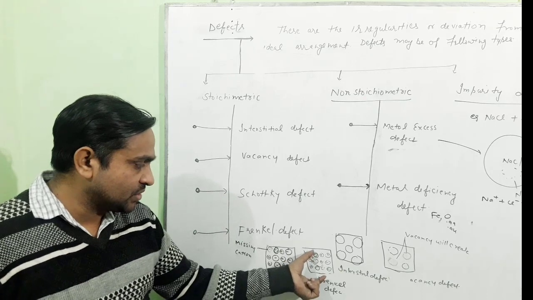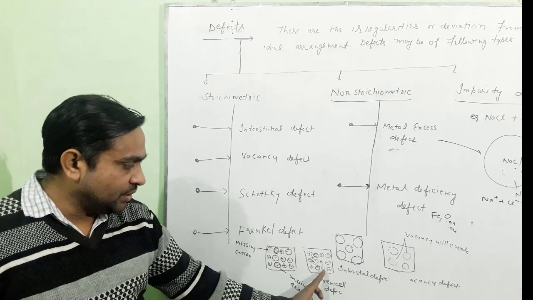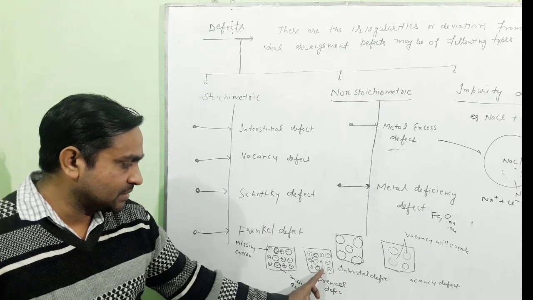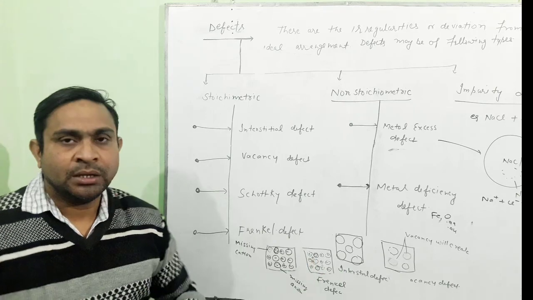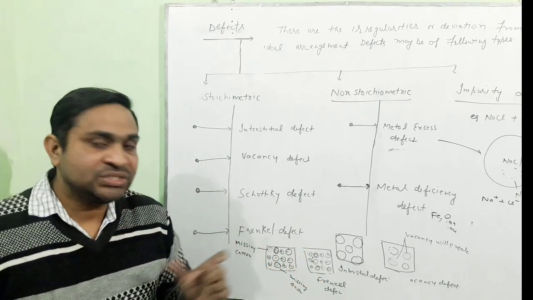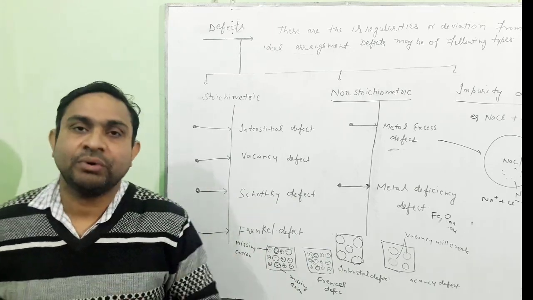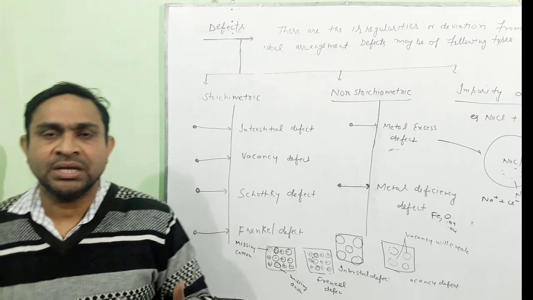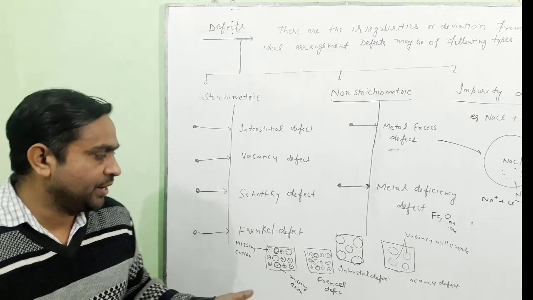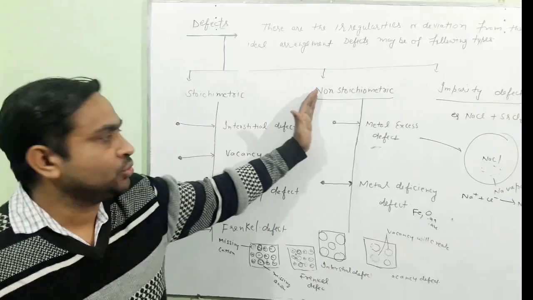The density will remain the same; there is no change in the density. This type of defect is found in ionic compounds like AgCl, AgBr or AgI.